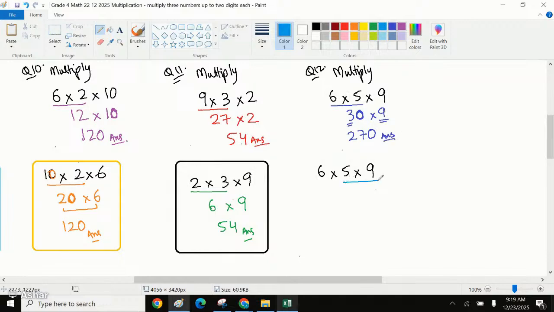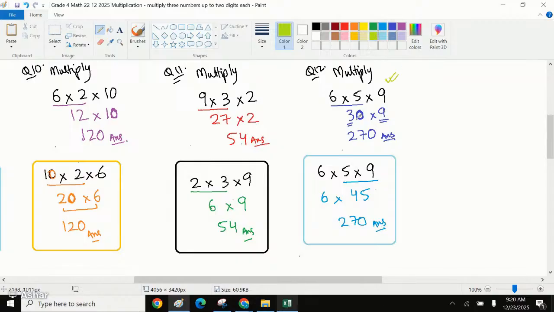Now let's suppose we do it this way. 9 times 5 is 45. Multiply by 6. That means the answer still comes out to be 270. But I would recommend the first method. Why?